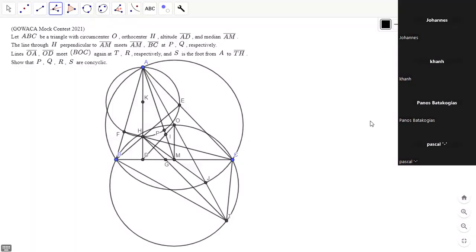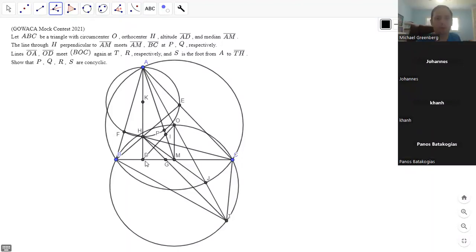But Pascal, we started with one problem, but we turned it into a new problem. So basically, we're just saying if OD and AM intersect at I, and TH and BC intersect at G, then we'd have to prove that IG is perpendicular to BC. So yeah, that's the new problem.